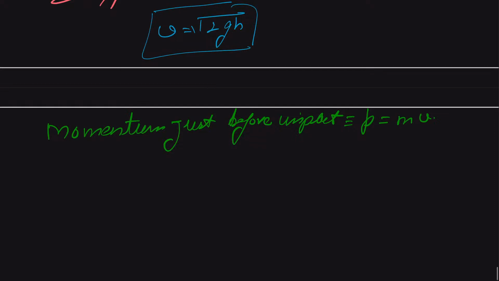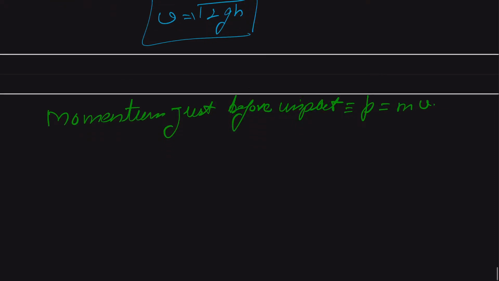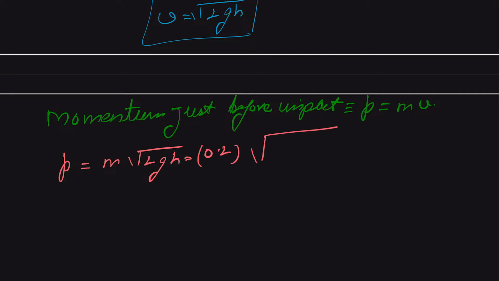So P is equal to mass times square root of 2gh, and we can substitute the values. Mass is 0.2, and this is 2 into, let us take g as 10, and height is 0.1. So we get the momentum approximately equal to 0.282.